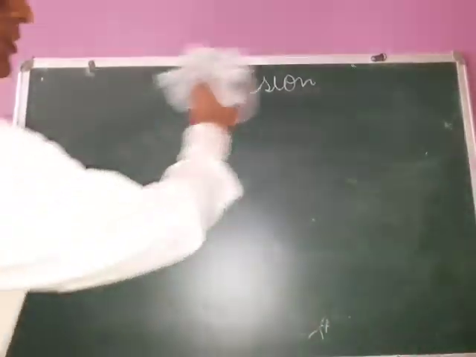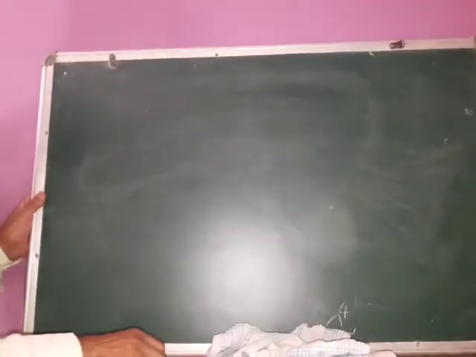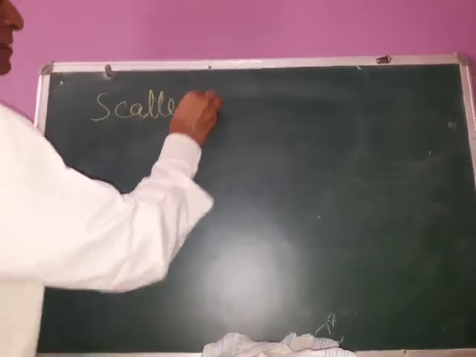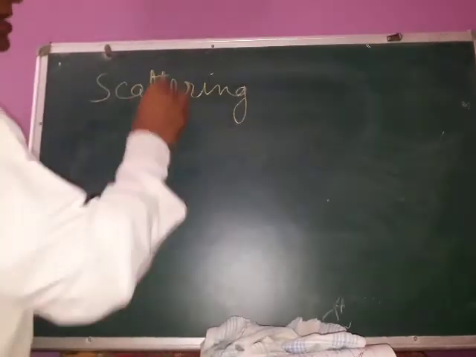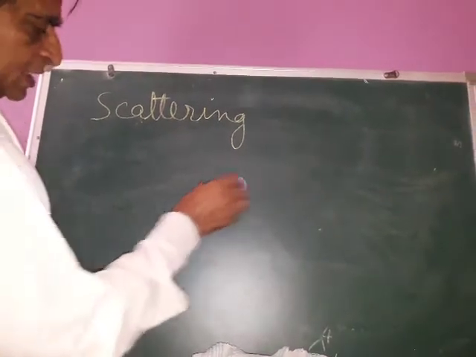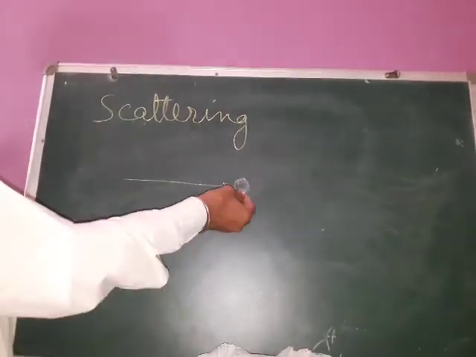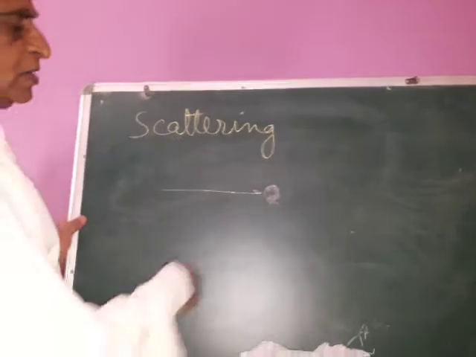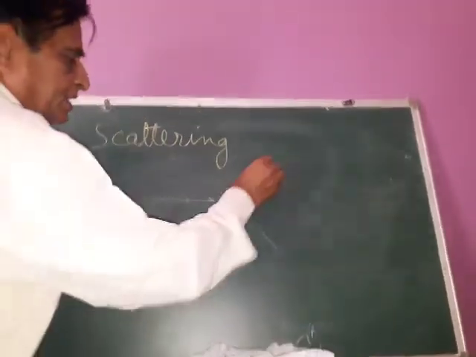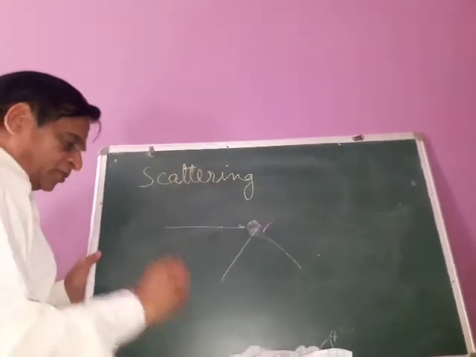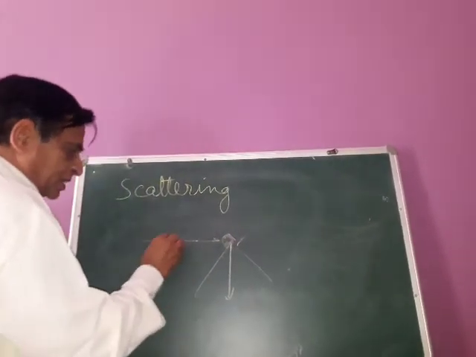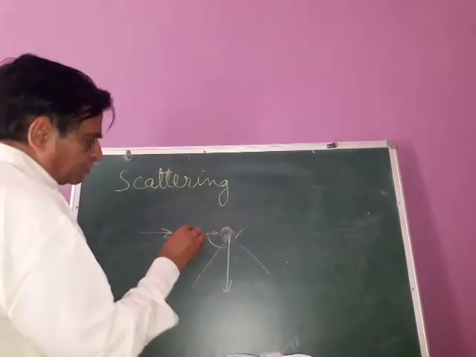Another important phenomenon in the case of light is scattering. Scattering simply means bikhar jana, something like that. If light falls on a certain object, be it a small molecule, or a dust particle, be it anything, then the light falling over this will scatter in all directions. Normally we see scattering at 90 degrees from the incident light.